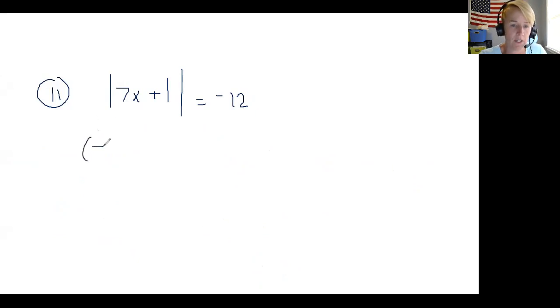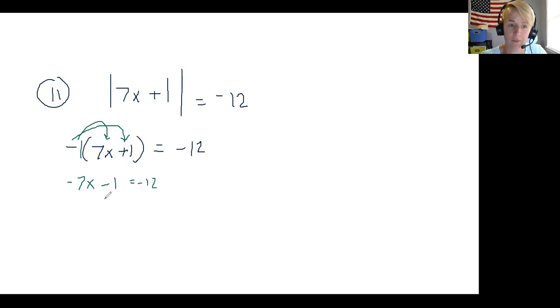So now let's do 7x plus 1 with the negative side of it. Let's see if it makes any difference. Remember, this is like a negative 1 out here. Since there's a plus sign in the middle of this, I can distribute. A negative 1 times a 7x is a negative 7x, and a negative 1 times a positive 1 is a negative 1, equals negative 12.